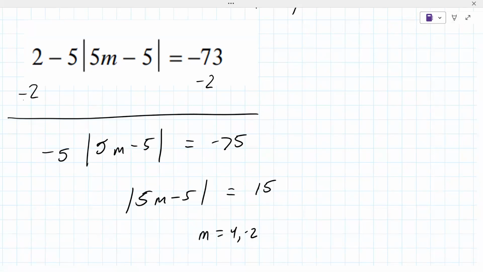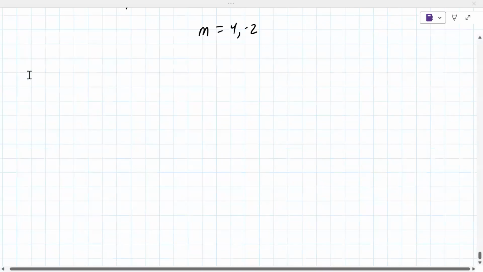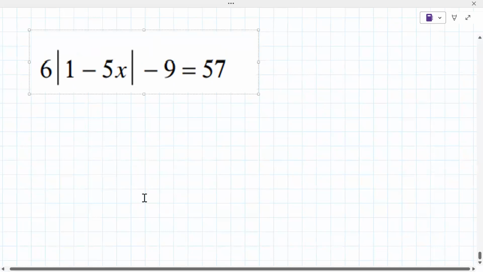Okay, one more of this type. We'll close out with this question. You're kind of knocking them out. All right, so again, you've got to undo the stuff around the absolute value, this -9, this multiplication by 6.